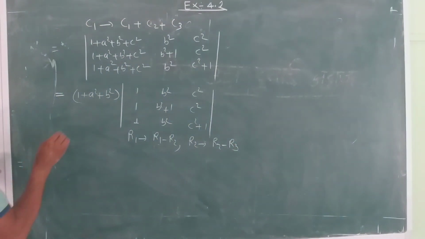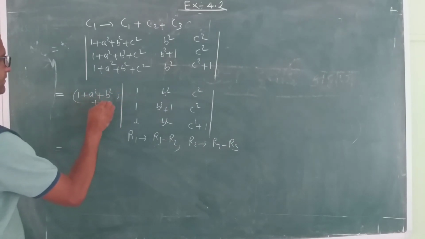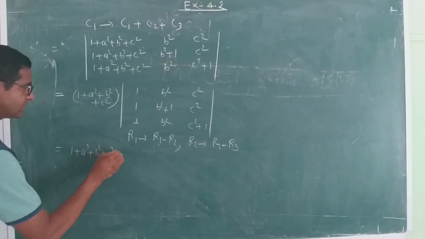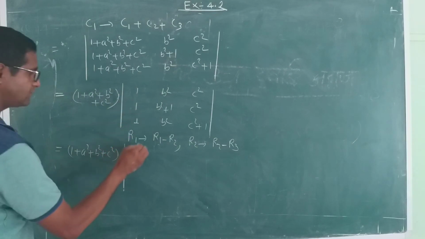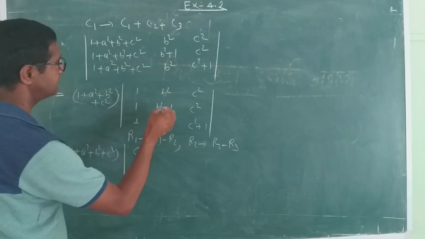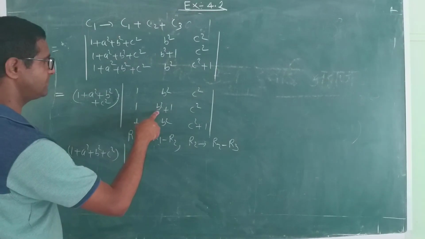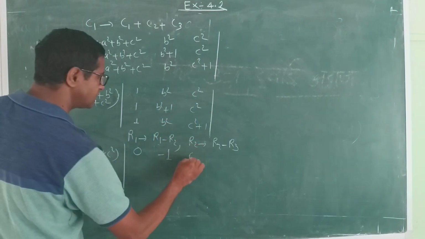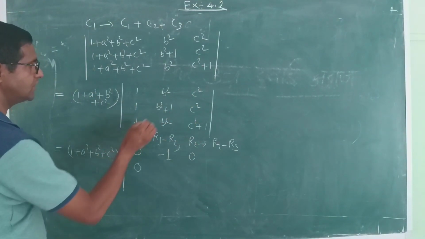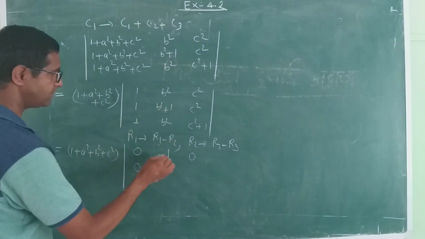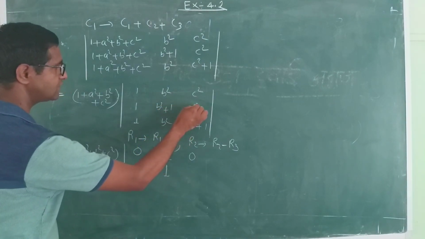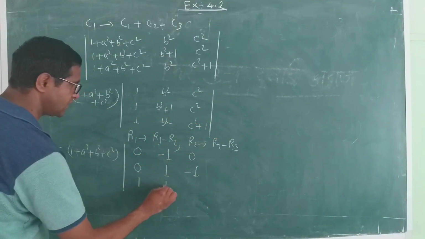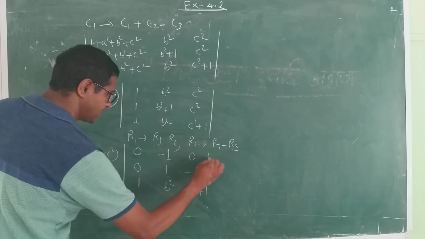After applying this operation, 1 plus a square plus b square plus c square, 1 minus 1 is 0, b square minus b square minus 1 equal to minus 1, c square minus c square 0. 1 minus 1 0, b square plus 1 minus b square is 1, and c square minus c square minus 1 is minus 1. And the last row is 1, b square, c square plus 1.